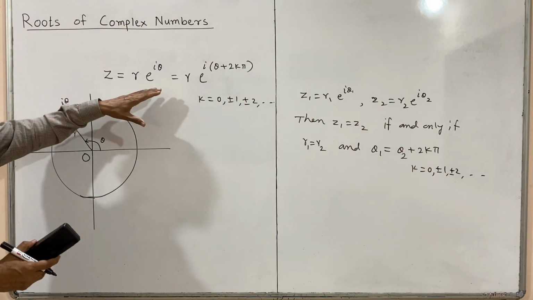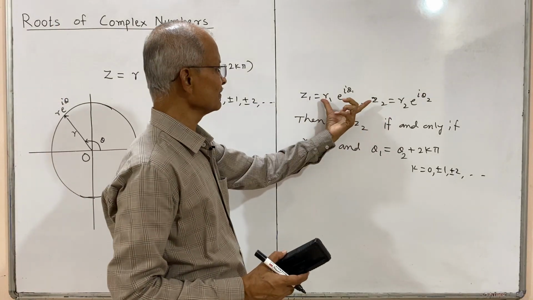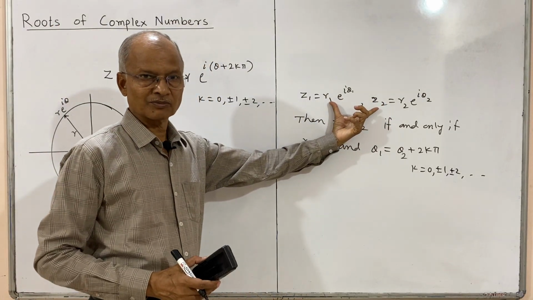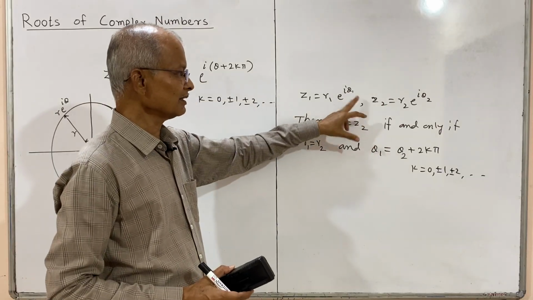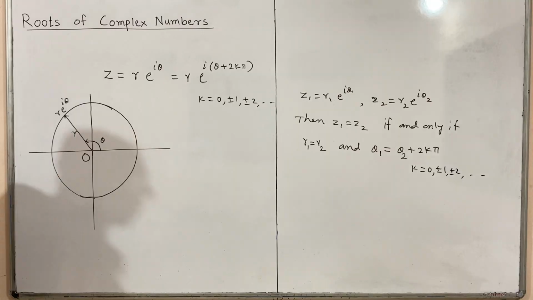The two complex numbers are equal if the absolute value is the same, and the angle theta may differ by an integer multiple of 2 pi.